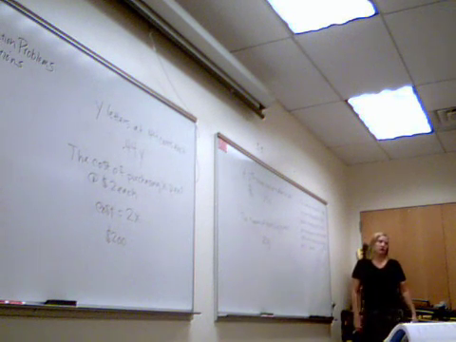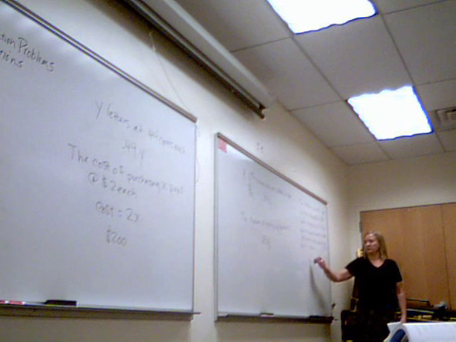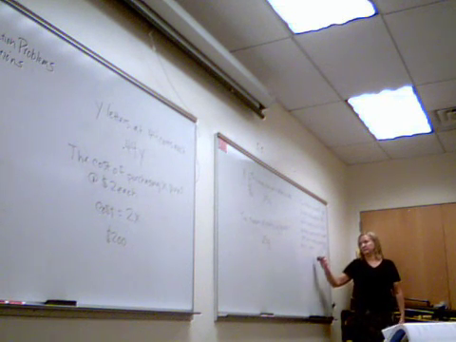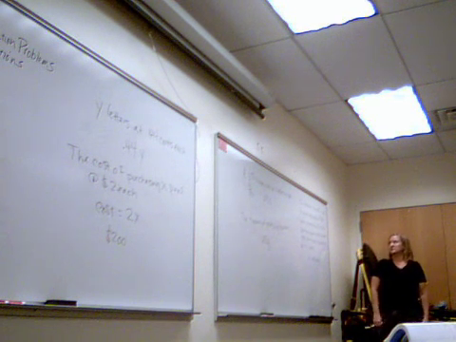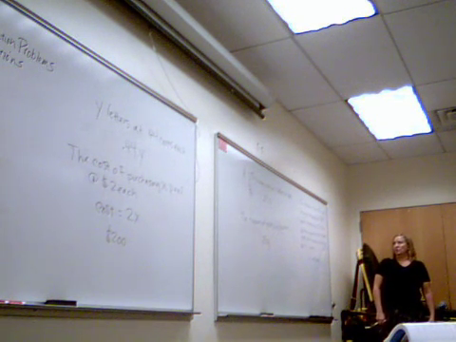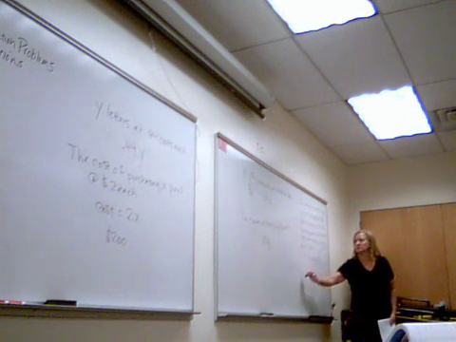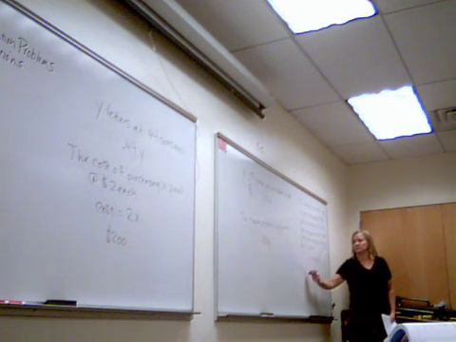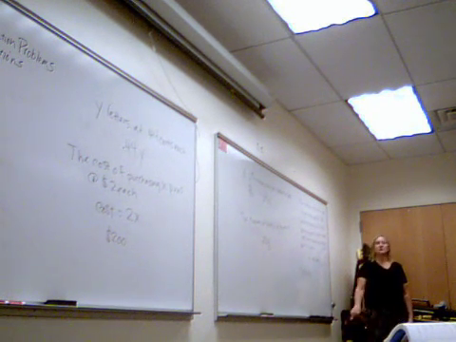So what's my unknown? H, yeah, that's what I'm looking for. That's my unknown. Now we have to write an expression that represents this. What is going to be his total cost? 200 plus 80.